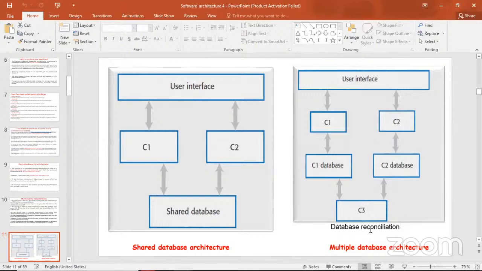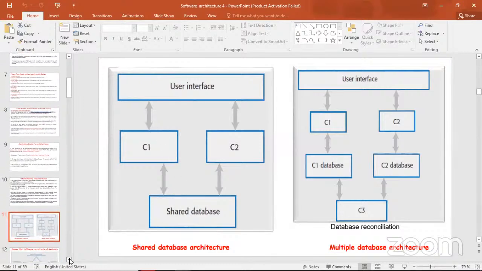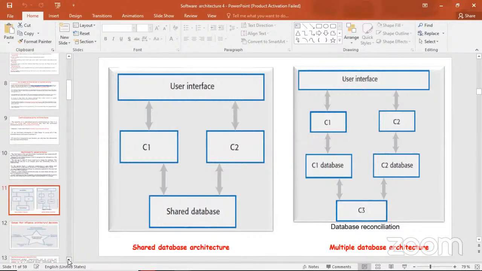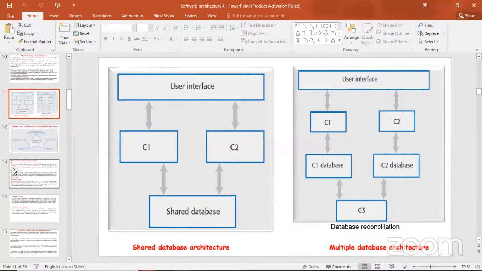Well, I'm not a bank person, but at least we know the internal working of the interior of the bank. So this is for the first example that we looked at, where C1 and C2 share the same database. So if this database is corrected to suit C1, it then affects the operation of C2, right?